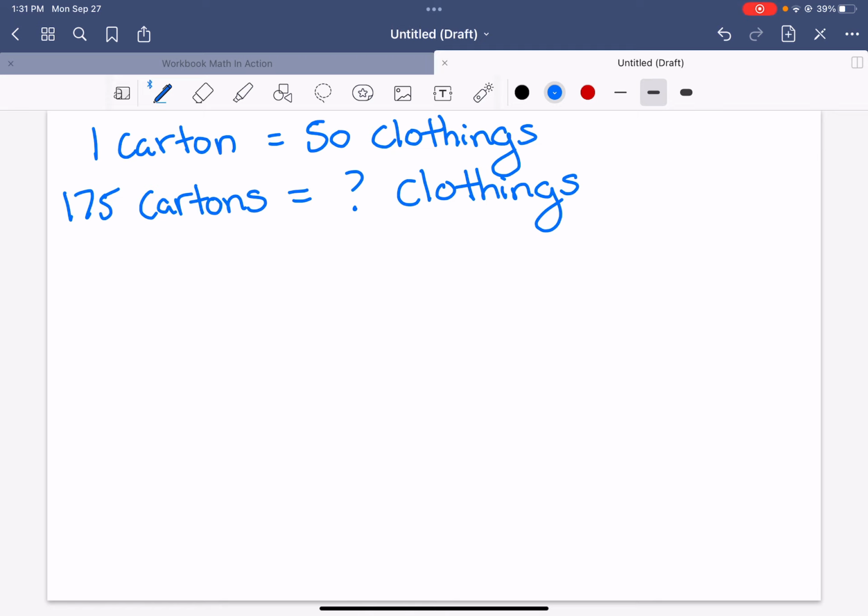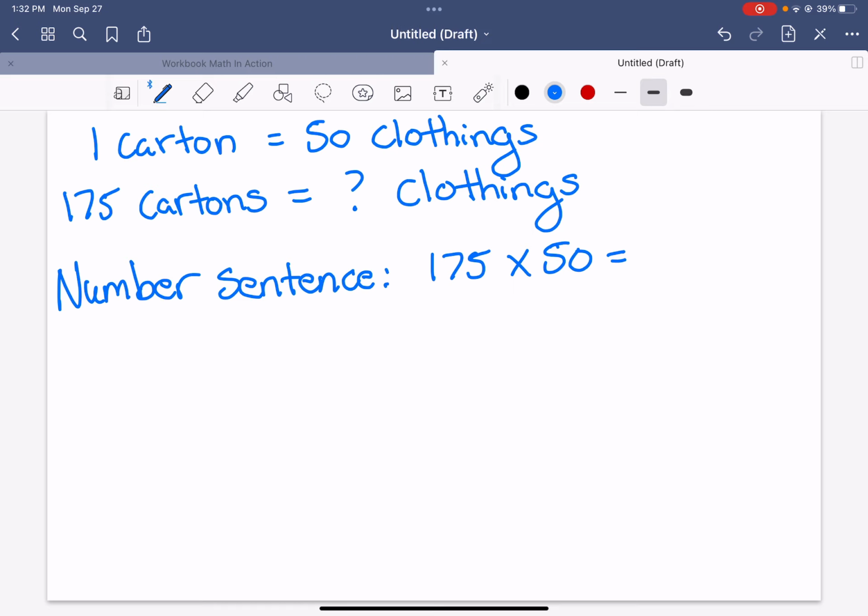What do we need to do? Number sentence. We're going to write 175 times 50, because one carton has 50 clothings, we need to find out how many are in 175.